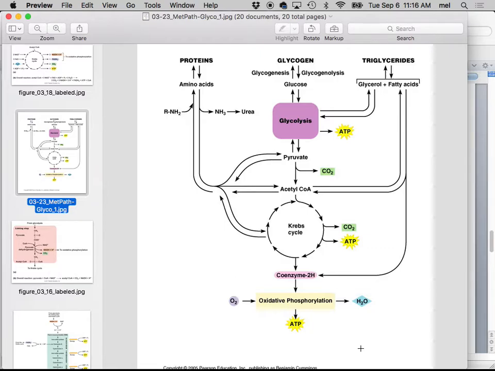So there's a whole bunch of different ways that you could apply, for instance, this. For muscle contraction, for catalyzing or powering any other anabolic reaction, for maintaining cellular homeostasis.